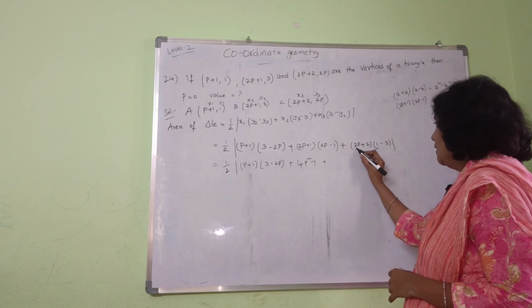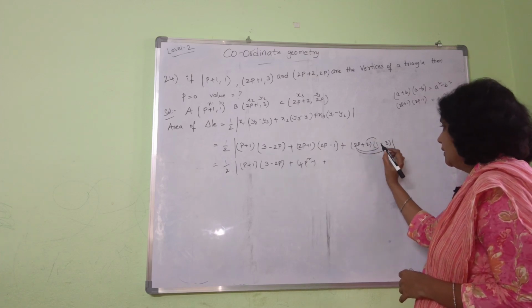Again we are multiplying like this, 2p here to here, here to here.